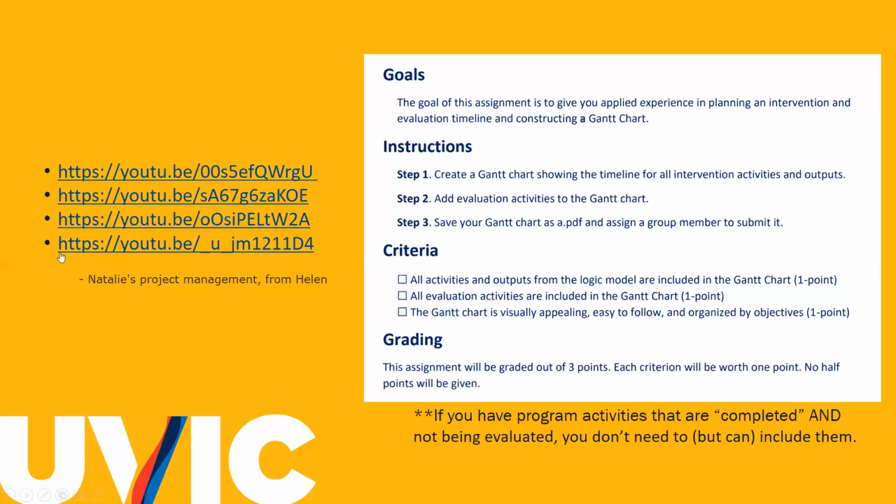Now, some of your proposals are, we're starting a program and therefore it's from the beginning, but certain programs are like provincial programs that have been running for quite some time, and we don't need that big of a thing. It's fine to just say, we're evaluating these things because these are the things we can realistically evaluate, and therefore those are the things we're going to display in the Gantt chart. So that's perfectly fine. I know I've written all activities and outputs in the instructions, but just note that.